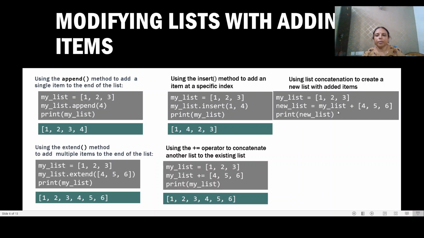This is an expansion of plus equal to, so we can have a list and concatenate by using this plus operator and redefine a new list. So these are the operations used for modifying the list. Remember: append adds only one item at the end, extend will add more than one item at the end, and insert will add the given item at a particular position.